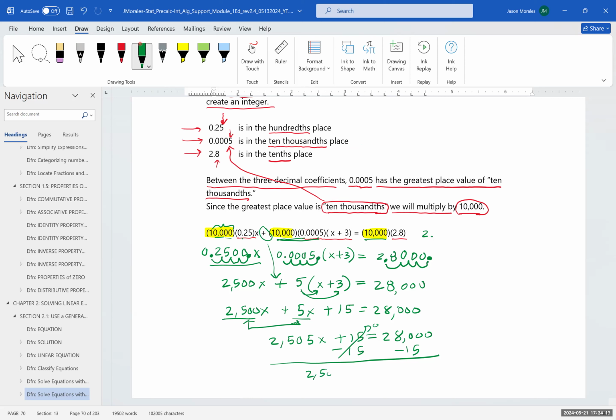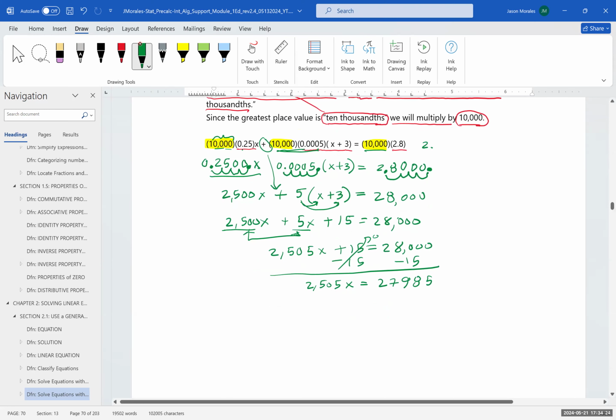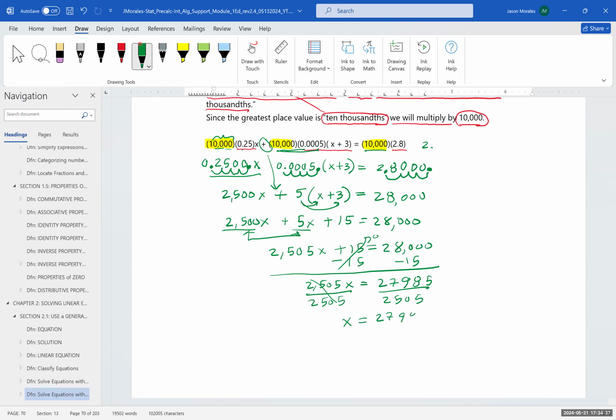And we have 2,505x is equal to 27,985. And then divide both sides by 2,505. That'll cancel. And we're left with x is equal to 27,985 all over 2,505.